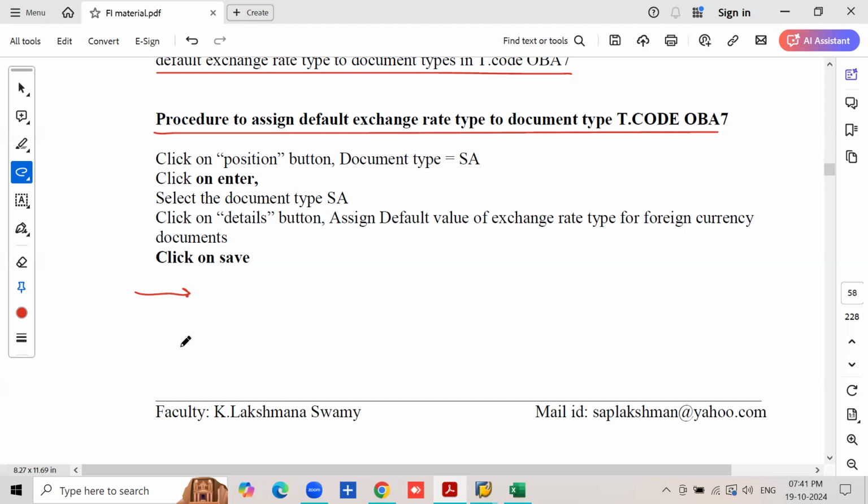The vendor invoices, document type KR, are converted at the bank selling rate.